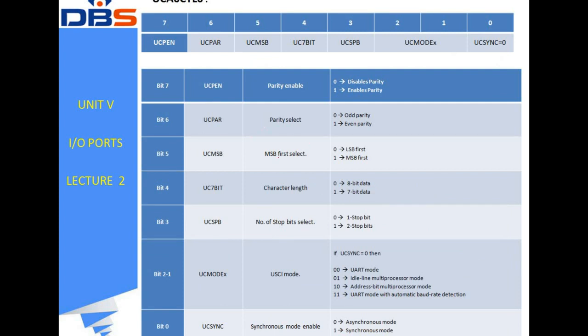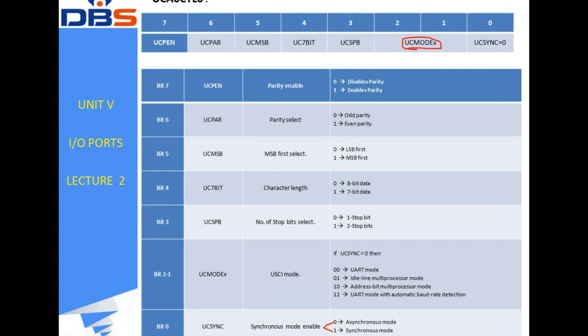Okay, see here, as I have already told you, it is an 8-bit register. Bit 0 is the synchronous mode enable. Depending upon the bit value, if the value is 0, asynchronous mode is selected, and if the value is 1, it enters into synchronous mode. Bit 1 and bit 2 are the mode selection bits.